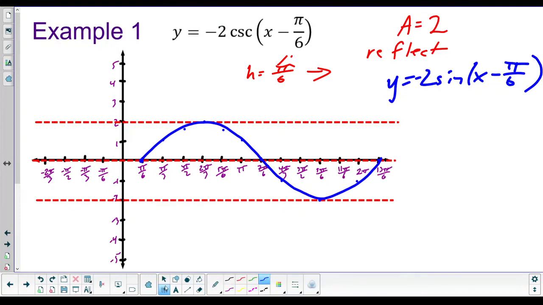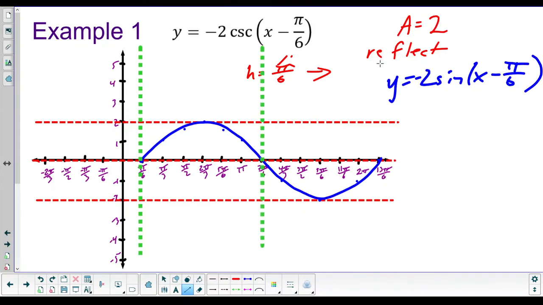So now let's do cosecant, how about green? So anywhere that sine equals 0, right here, right here, right here, cosecant will be undefined. So everywhere our sine graph touches the midline, we're going to put a vertical asymptote.